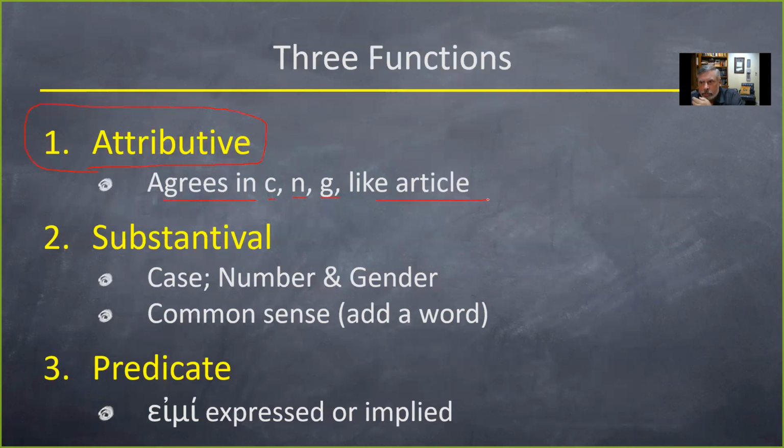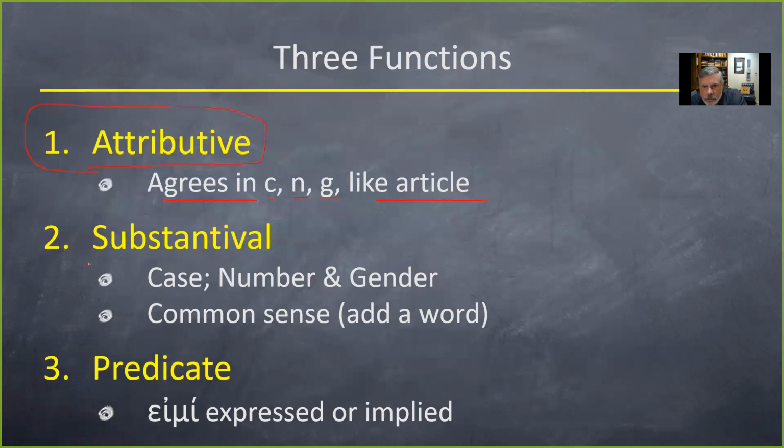Just like the article does the same thing, the article agrees with the noun it's modifying. If it's an accusative noun in the singular masculine, then the article is going to be accusative singular masculine. Well, the attributive adjective is going to be the same. It will agree in case, number, and gender with the noun it's modifying.